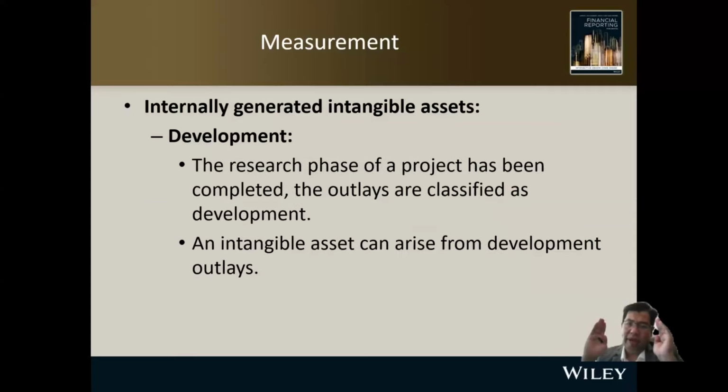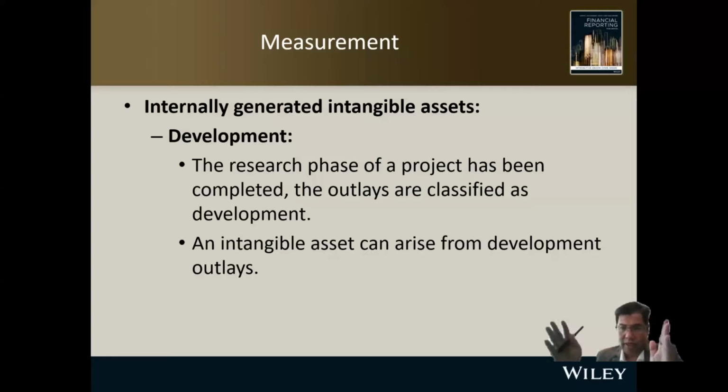Whereas the development phase of the project starts when the research phase has ended. Okay, so the outlays are classified as development. So an intangible asset arises from development outlays.